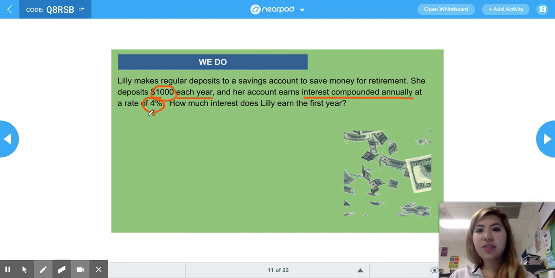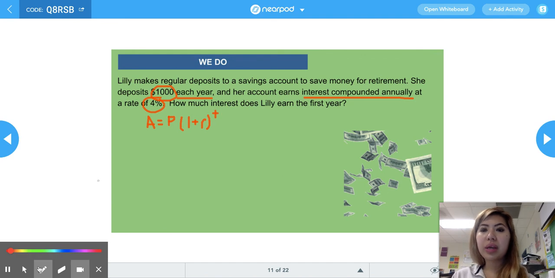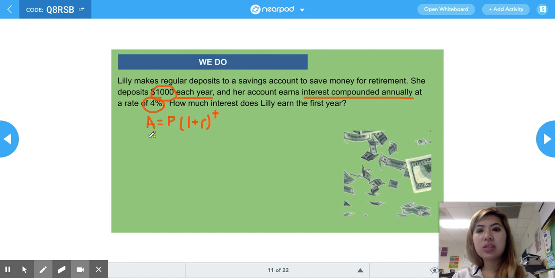We're going to start off the very same way, writing out our formula for compound interest, which is A is equal to P times 1 plus R raised to the power of T. Next we're going to plug in any of the values that relate to this equation. We don't know what A is, so we're just going to keep that. A is equal to, our principal is the initial amount, which is 1,000.